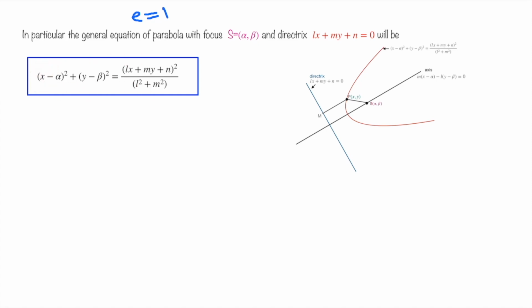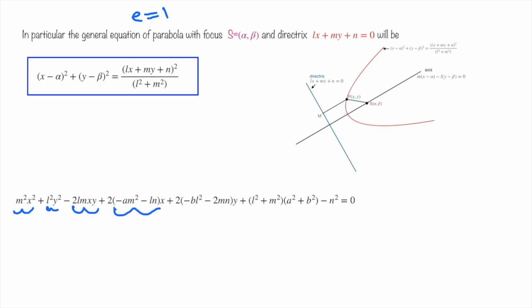If you further simplify this expression by expanding the left hand side and right hand side and regrouping the terms, you will end up with a general second degree equation like this. So this is going to be an x squared term, this a y squared term, this an xy term, this an x term, y term, and constant term. Feel free to verify this.